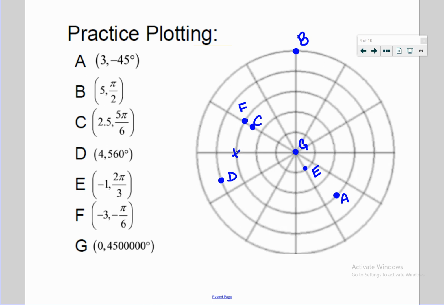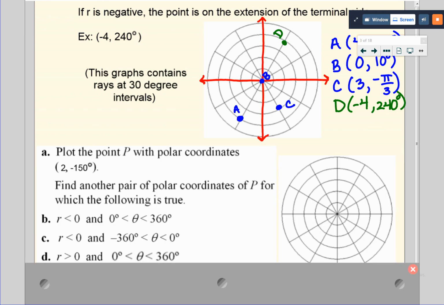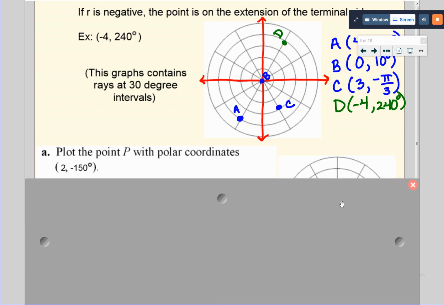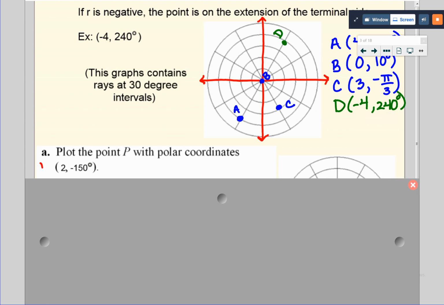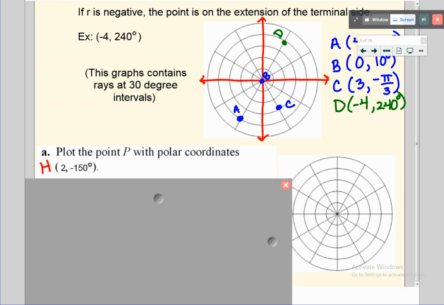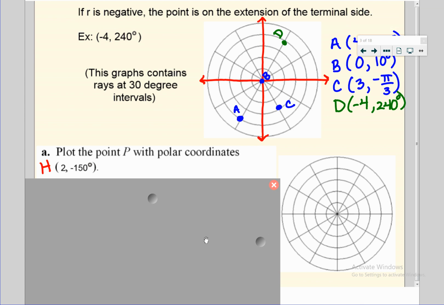Any questions graphing these? Okay, so now I want you to graph one more on that same paper. Call it H, at 2, negative 150 degrees. So how would I graph that? To which direction?